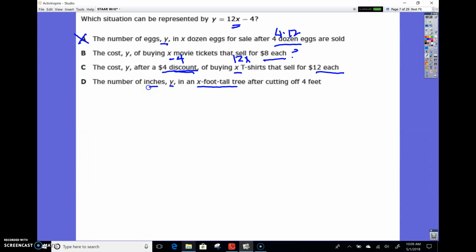See, this says 4 inches and this says 4 feet, so that's why that's wrong. You do have your 12x here, but if it said 4 inches, this would be correct. But they use inches here and feet here, so that one's wrong. So our best answer is C.